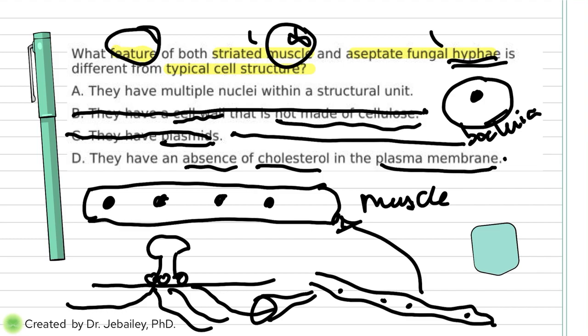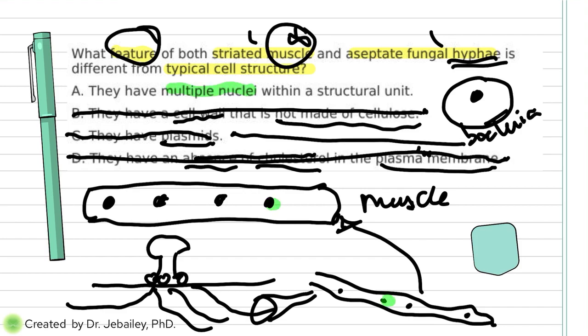Then they have an absence of cholesterol in the plasma membrane. Now, here's the thing. Every single plasma membrane in the body needs cholesterol to keep it fluid. So if you don't have cholesterol in your plasma membrane, most likely your membrane is going to be hard and you're dead. So it can't be this one. So you go back to A. Now you see they have multiple nuclei, which is true.